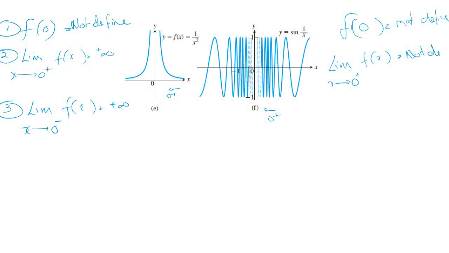So there is no number that it tends to. The limit as x tends to 0 from the negative side is also not defined. So we see that it's not continuous at x equals 0. So let's take another question.